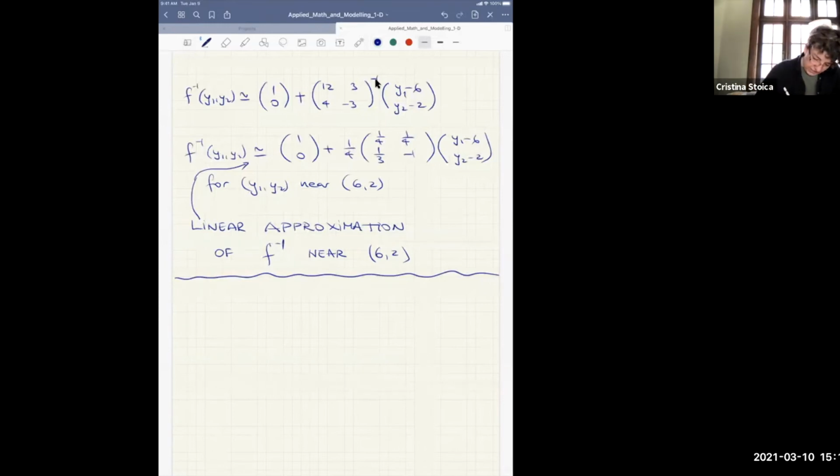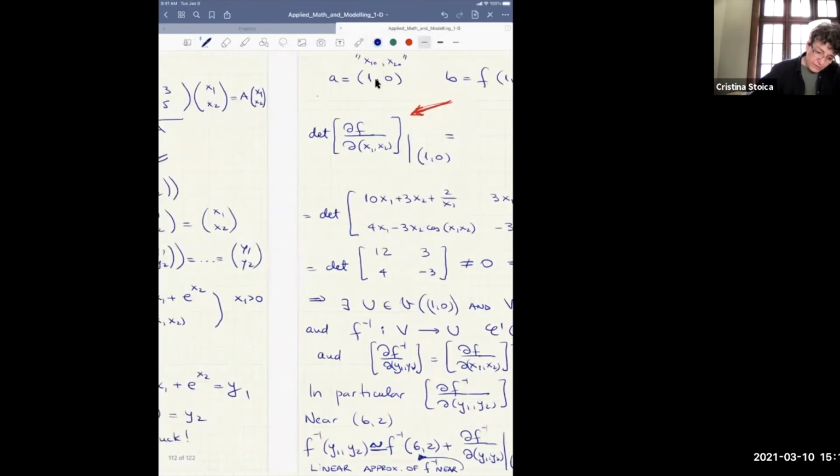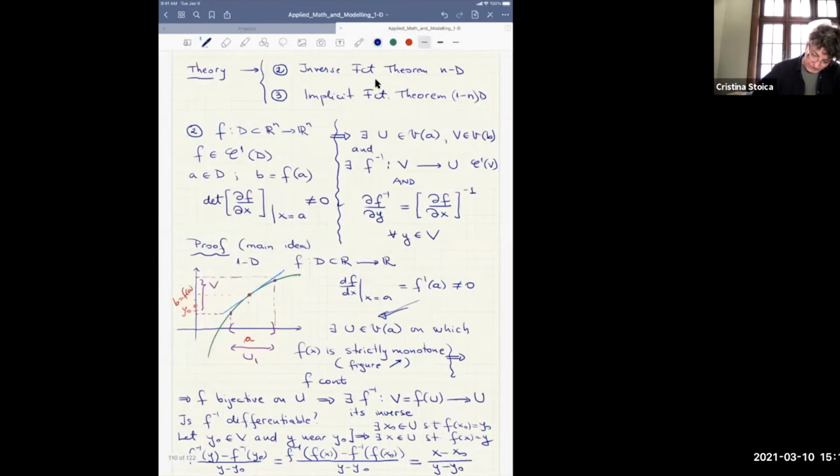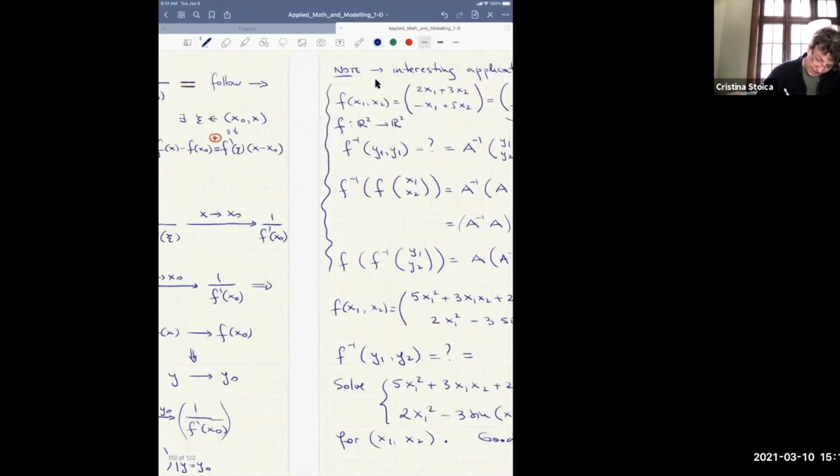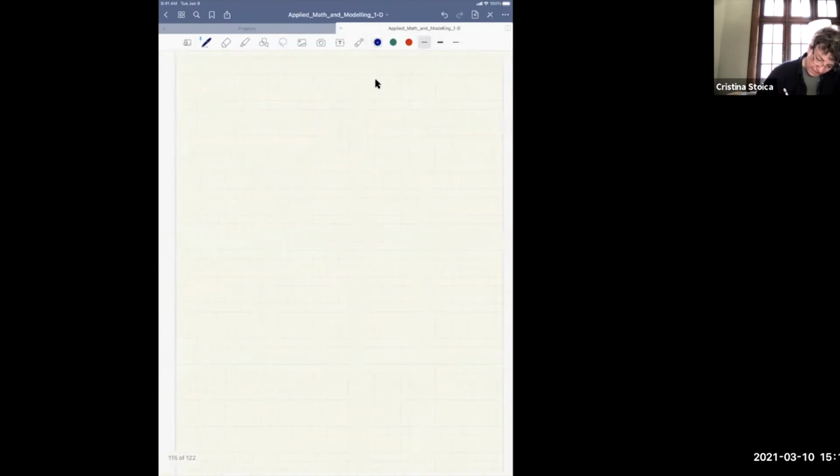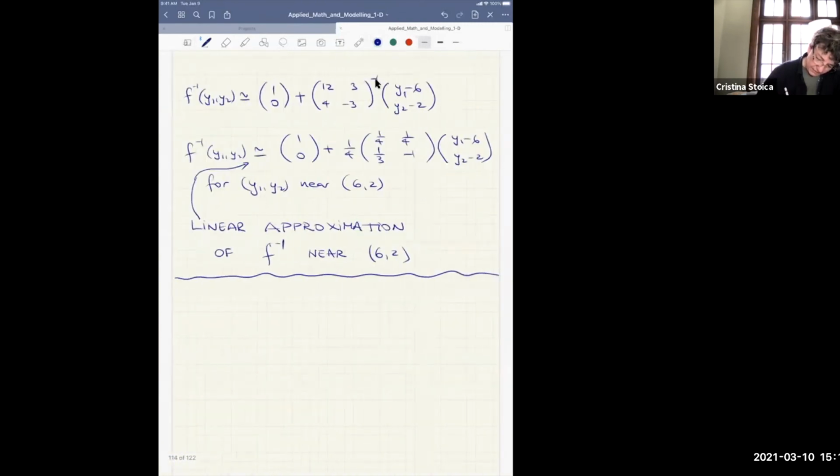Okay, so here it is, theorem 3, the implicit function theorem. I think these two theorems were done in multivariate calculus, but there is so much material that nobody has time to sit on it a little bit and actually digest it.